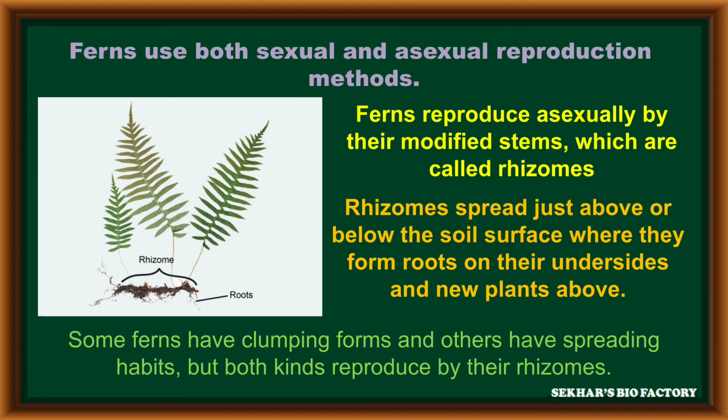Some ferns have clumping forms and others have a spreading habit, but both kinds of reproduction take place with the help of the rhizome.